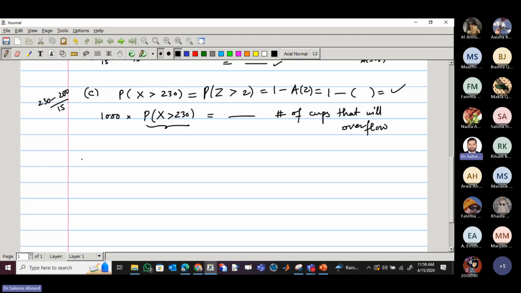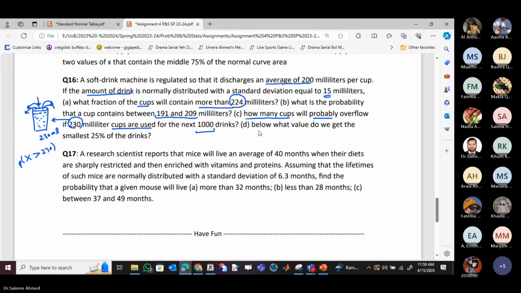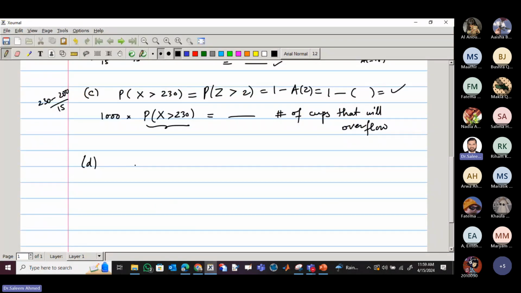The last part is a little interesting. Here you see the last part is: below what value do we get the smallest 25% of the drinks. 25% of the drinks means this is the probability of something. And below what value means they are asking me X. So see, it is the opposite question, a reverse use of the table.